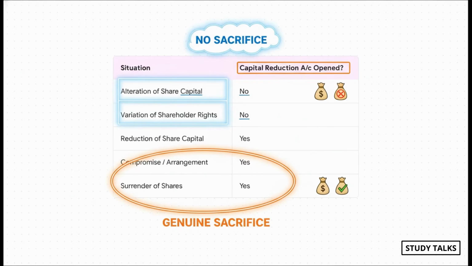For example, a simple alteration, like splitting a 100 rupee share into ten 10 rupee shares, doesn't involve any sacrifice. The capital reduction account only comes into play when there's a genuine financial sacrifice, like a reduction in the paid-up value, a waiver from creditors, or a surrender of shares. That's a crucial distinction to remember.